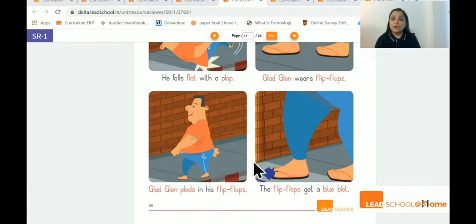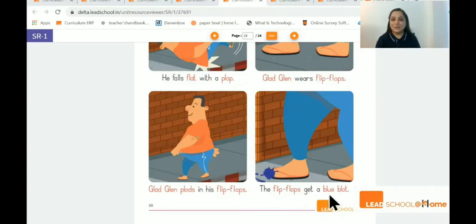Oh no, what happened here? See? Do you see what happened here? Yes, there's something on his flip-flop, right? What is this? Yes, this is a blue blot. Now let's read the word. Yes, flip. Read this. Flops.